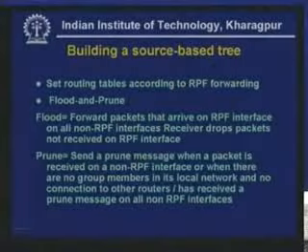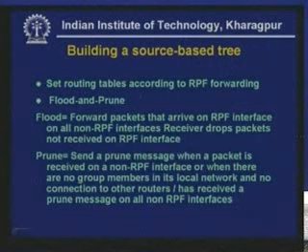So that is one case. Or has received a prune message on all non-RPF interfaces. That means all the non-RPF interfaces he was a member of earlier, just as a group member may have retired, similarly he may have been a transit router on a link from some distant source to some distant destination.